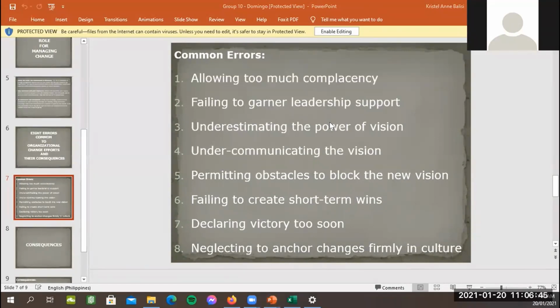Yung obstacle na is something that blocks you so that movement.